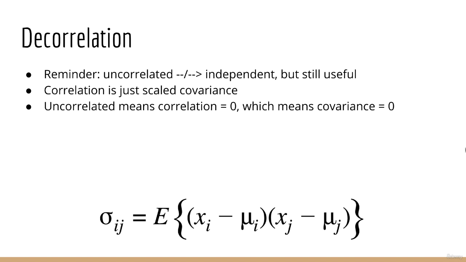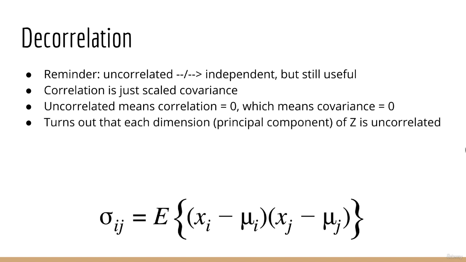Recall that the covariance is just the expected value of (xi minus mu_i) times (xj minus mu_j). This is sort of a generalization of variance. It tells us whether or not variable i and variable j move the same as each other, move the opposite as each other, or are just not related at all. It turns out that the way we form Z, we make it so that each column of Z is uncorrelated.